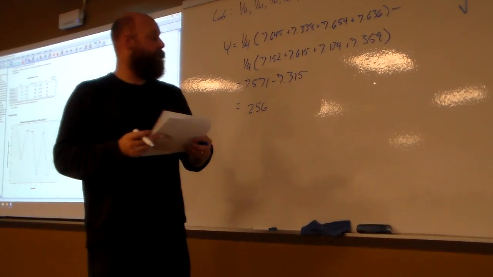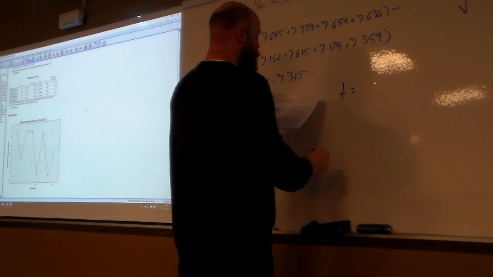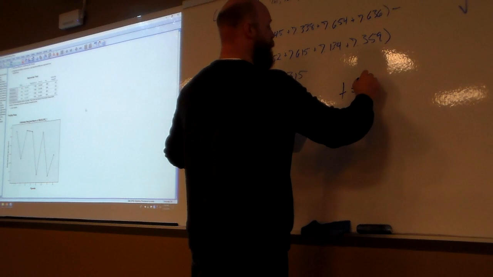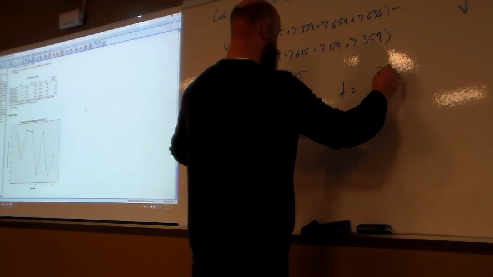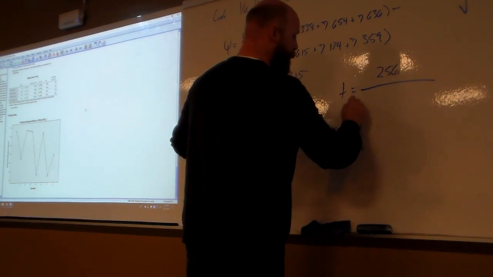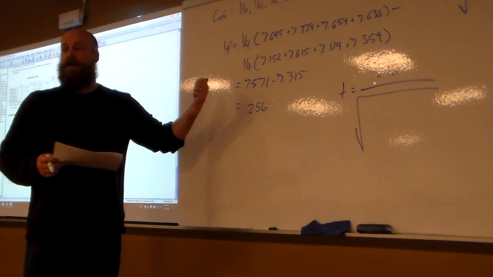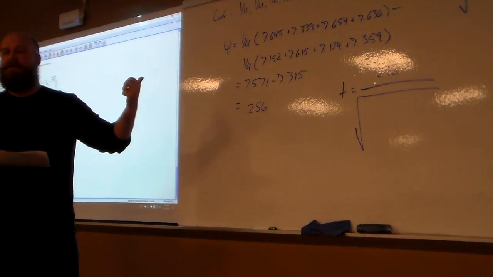So if I say my test statistic is going to be the value of my contrast, 0.256, over the square root, I'm going to take a shortcut here because all my weights are the same.